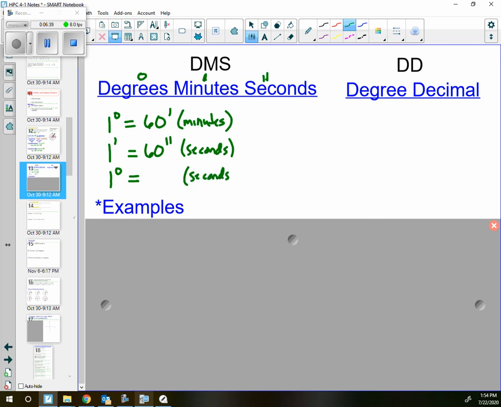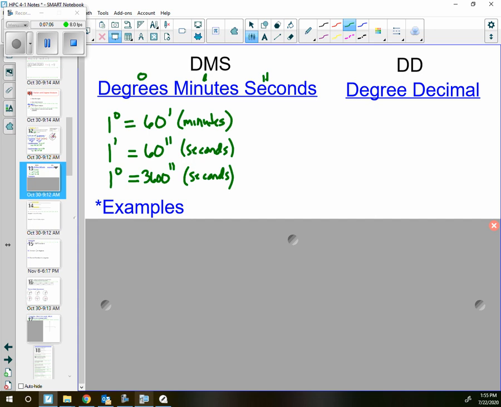Basically what I'm asking you is how many seconds would there be in a full hour? So 60 seconds in a minute, 60 minutes in an hour, 60 times 60 would be 3,600. Sometimes it's handy to go all the way from seconds to a degree or an hour, if you want to think of it that way. We can use that conversion as well. It's the same as what you convert when you convert time. And that's a good way to think about that.